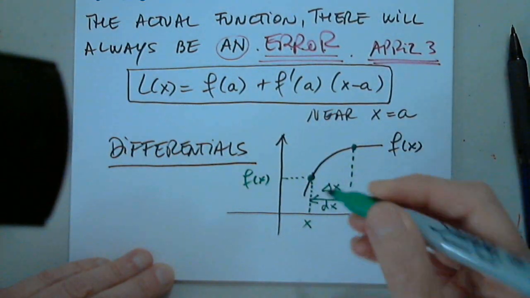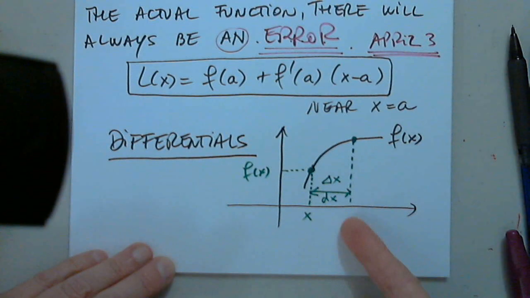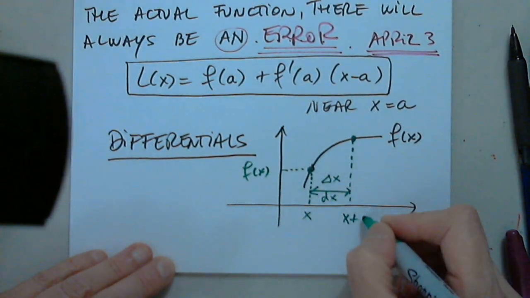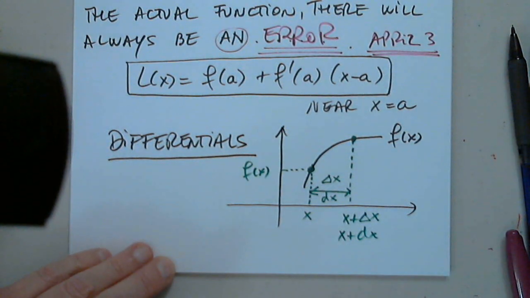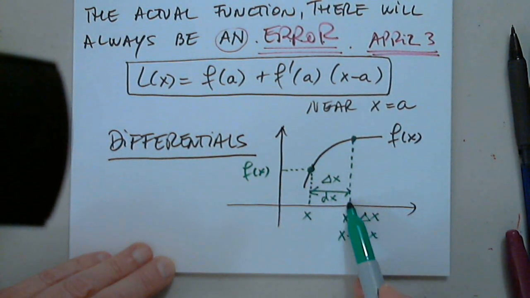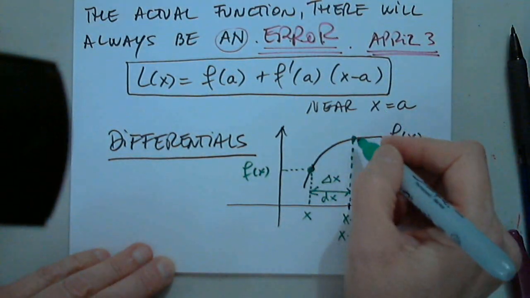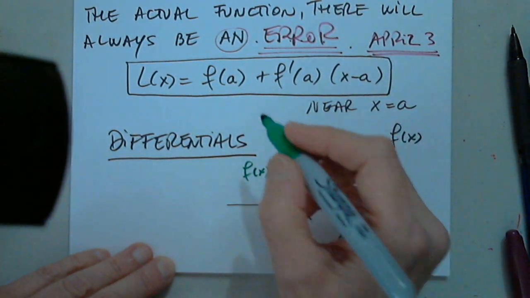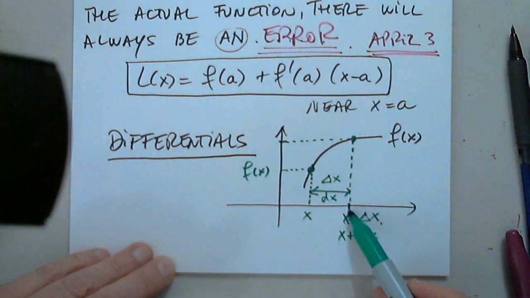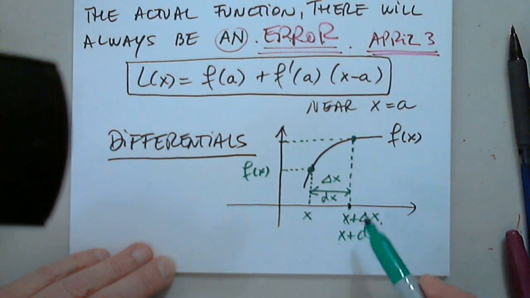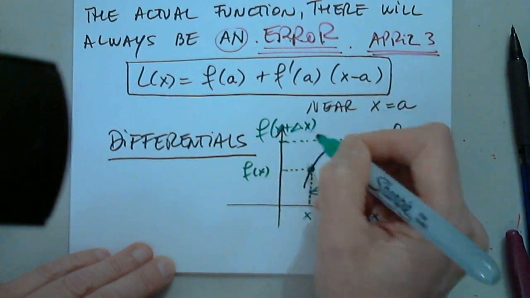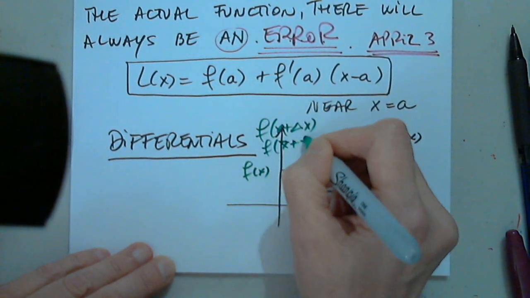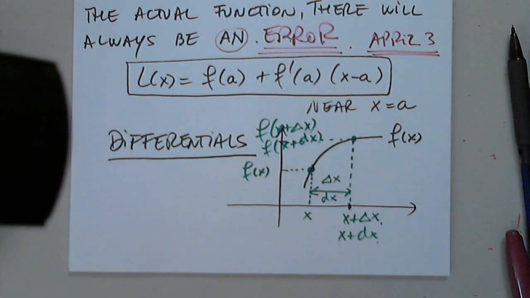So then this is x plus delta x or x plus dx. They're all the same. Last time you already told me that this must be f of this point. So two different ways to write it: f of x plus delta x or f of x plus dx. They are the same.